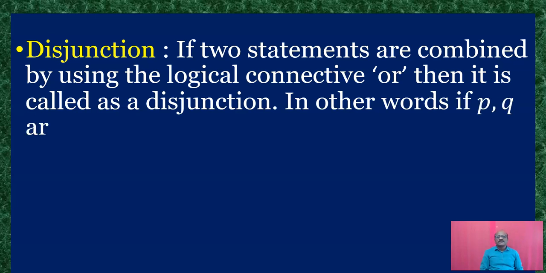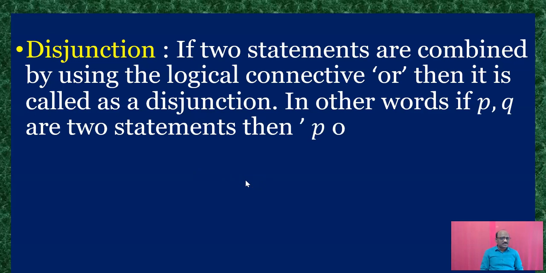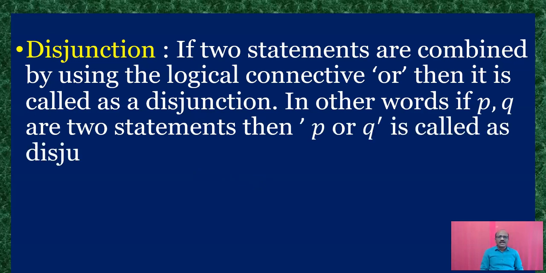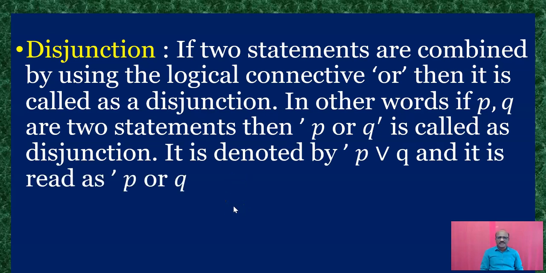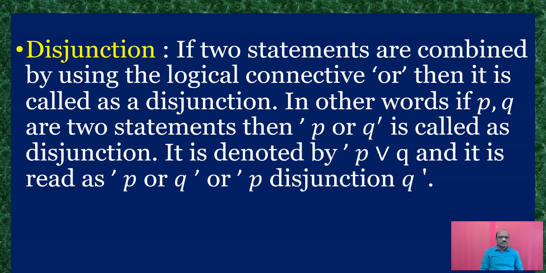In other words, if P and Q are two statements, then P or Q is called a disjunction. It is denoted by P ∨ Q and it is read as P or Q or P disjunction Q.